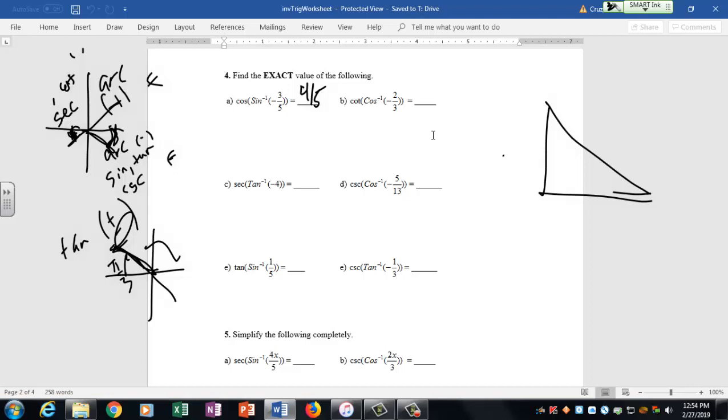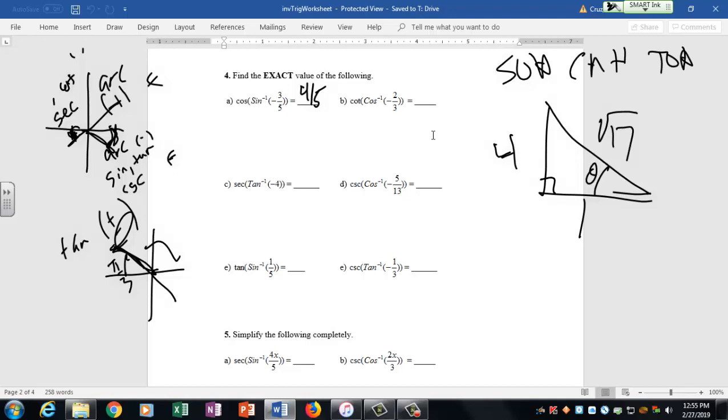Tangent is opposite over adjacent, yes? Makes this side square root of 17. Does everybody buy that? That's using the Pythagorean Theorem. We'll call this theta. So what is secant? Remember SOHCAHTOA, right? If cosine is adjacent over hypotenuse, secant then becomes hypotenuse over adjacent.